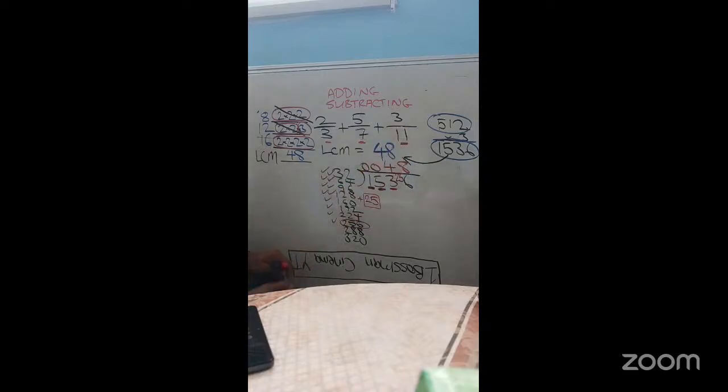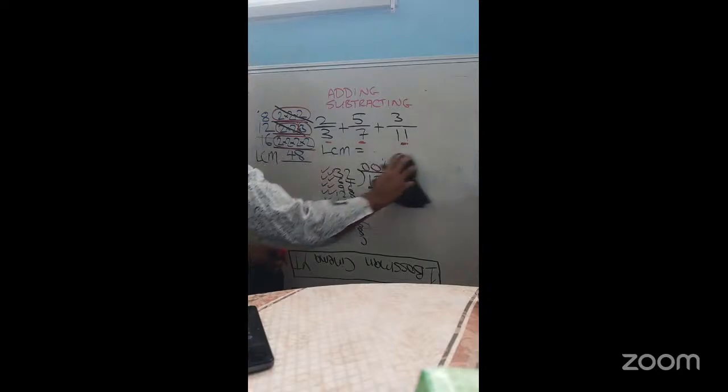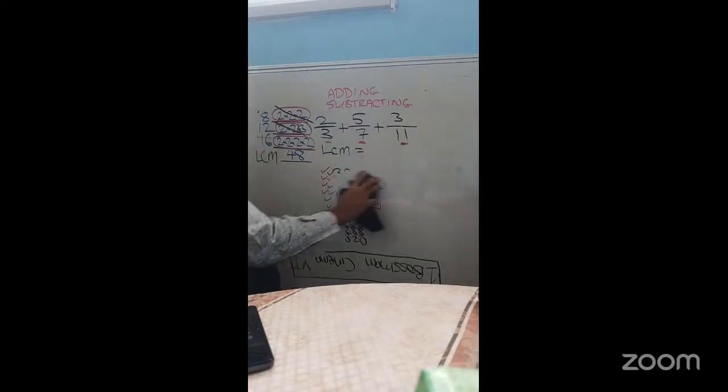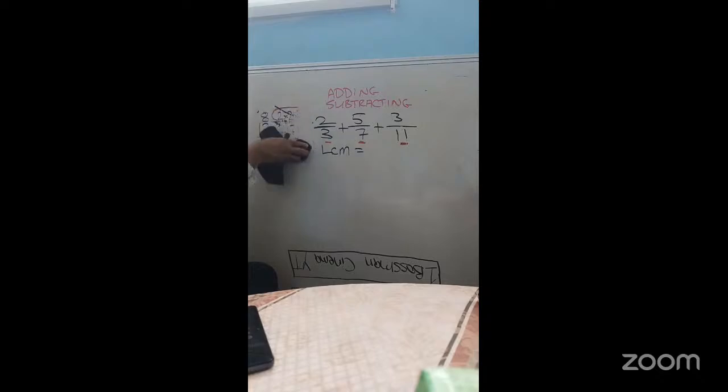And 11. Alright? Let's use 3, 7, and 11. Alright? 3, 7, and 11. It honestly doesn't matter how large or how small the prime number is. Once it's a prime number, yeah, there's nothing else you can do with it. Right?